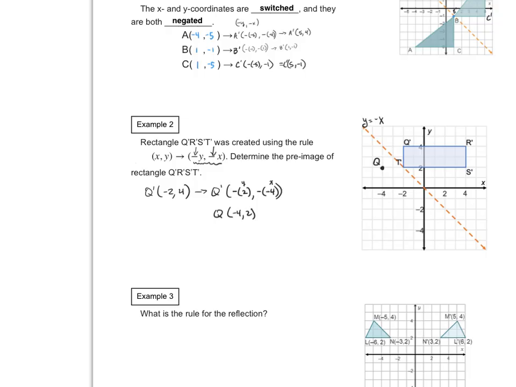Looking at T, of course, T is on the line of reflection, so that's not going to change. R prime is going to be 4, 4, and that's going to map to -4, -4. R is going to be -4, -4, which is going to put me right there.